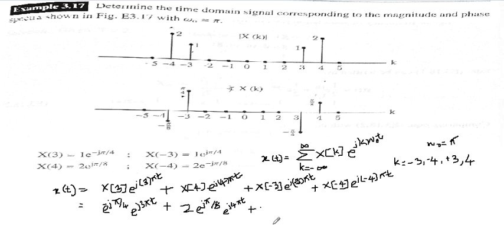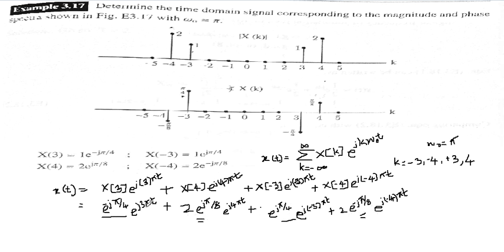X of -3 is this one. By writing these equations, we get to know that this e raised to j 3 pi t and e raised to minus j 3 pi t terms are identical, and these two are identical.